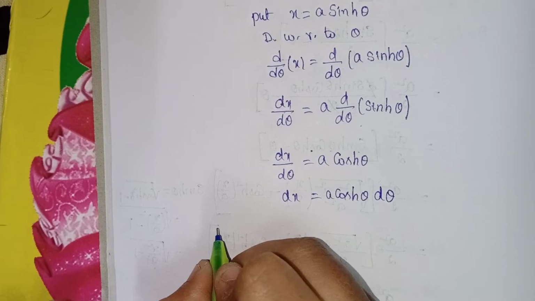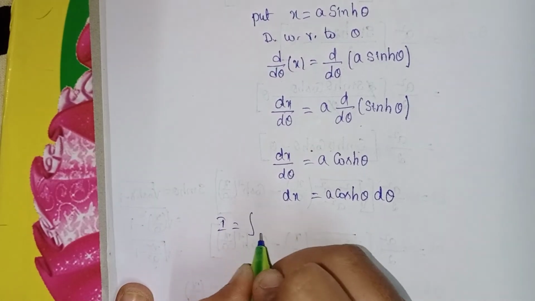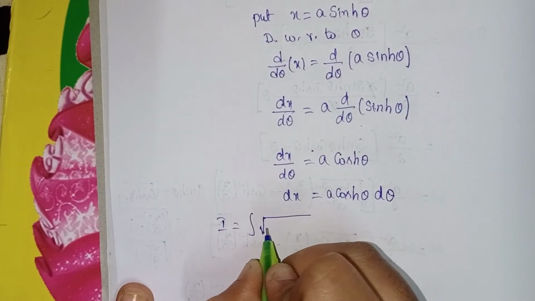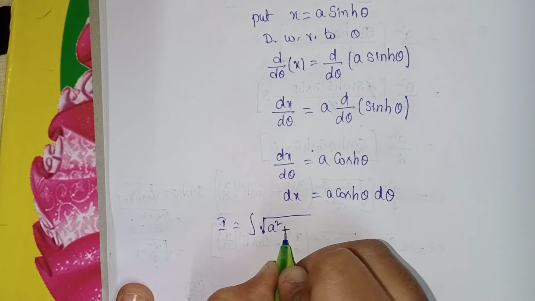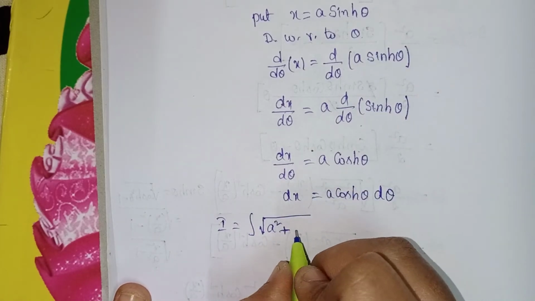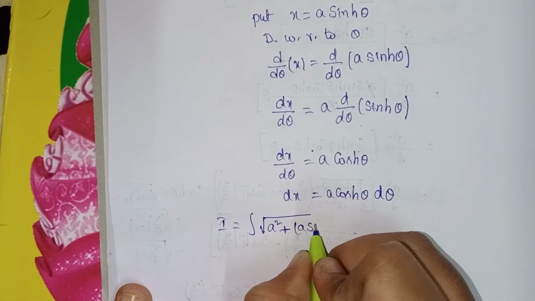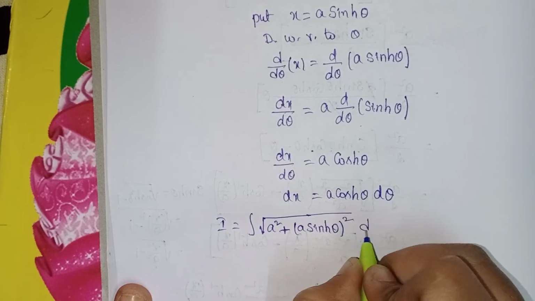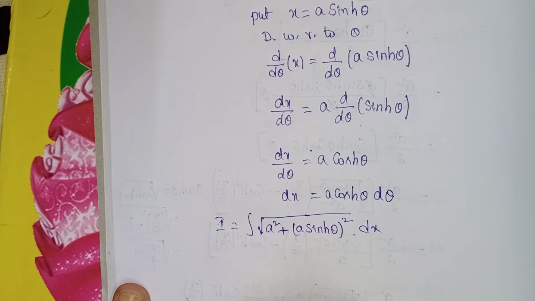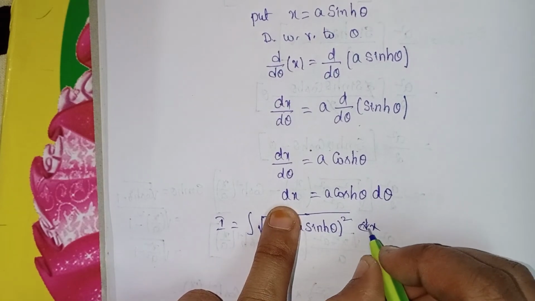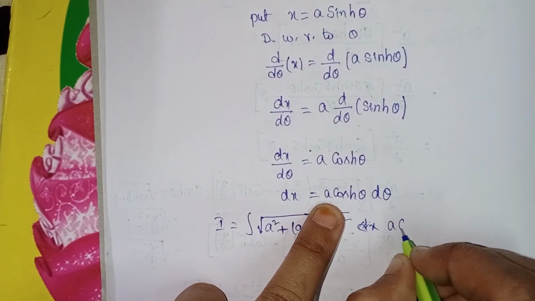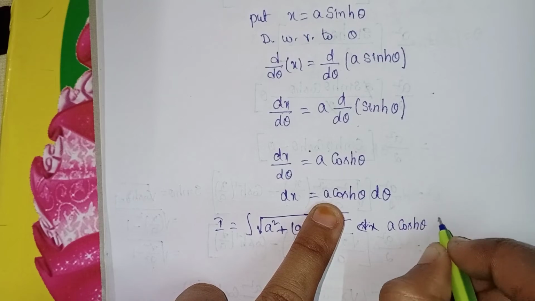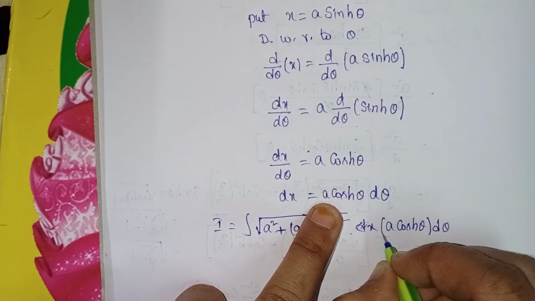Now I equal to integral of square root of a square plus x square, x means a into sinh theta, whole square, dx. Here dx means you can write a into cosh theta d theta.